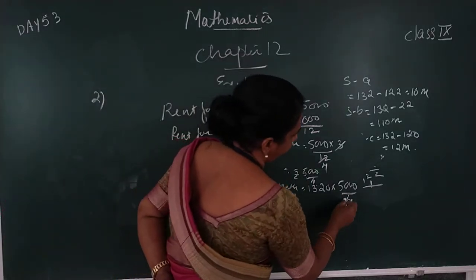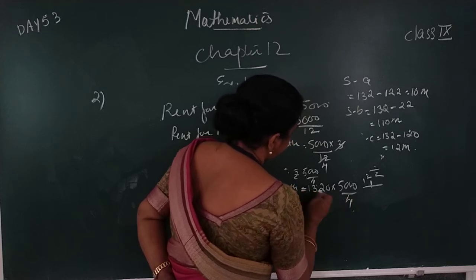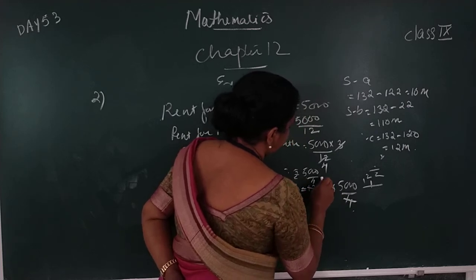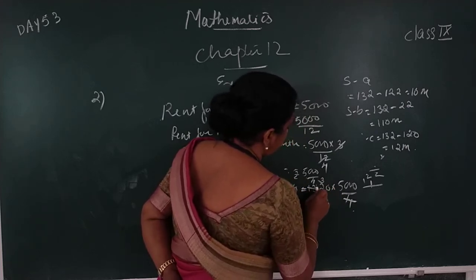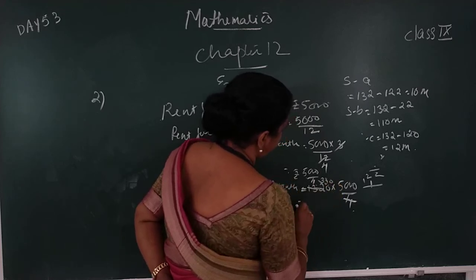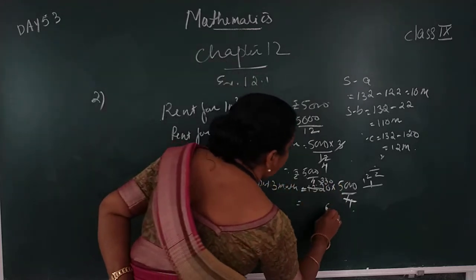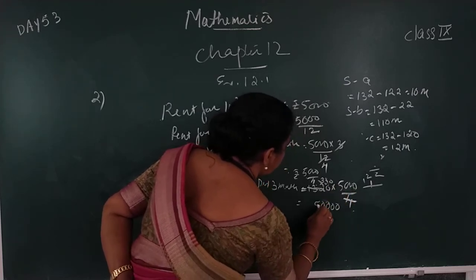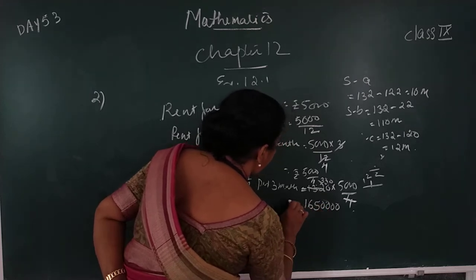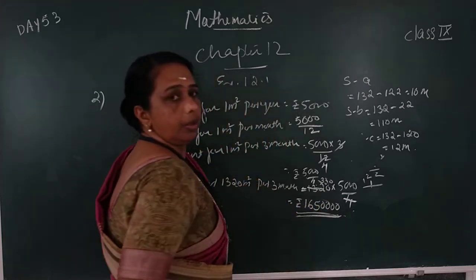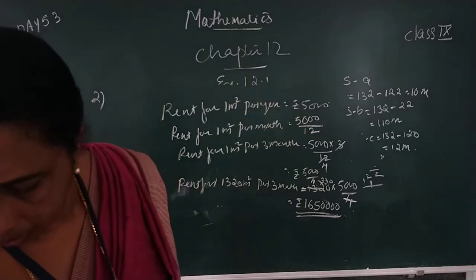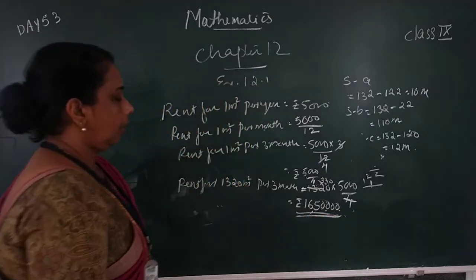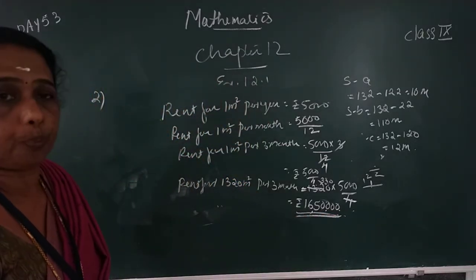Cancel, 4 into 12. Okay, 1, 2, 3, 4. Okay, the answer is 1s, 10s, 100, 1000, 10,000, 165000 rupees.